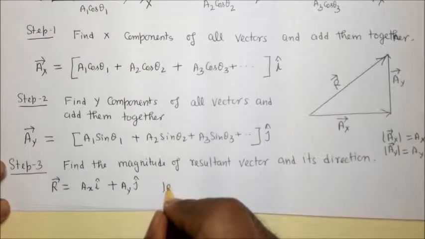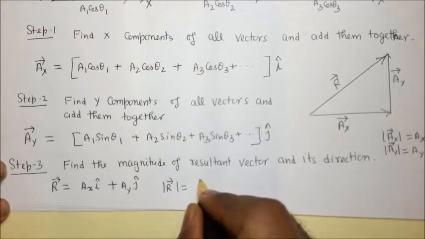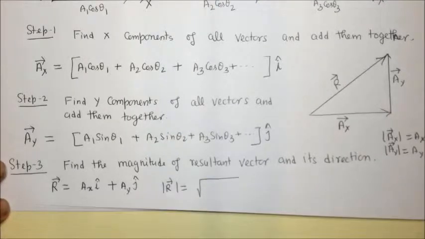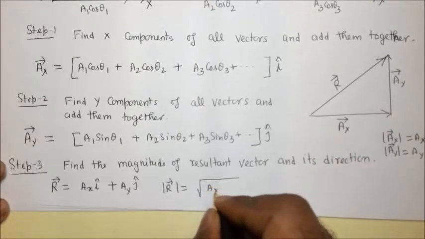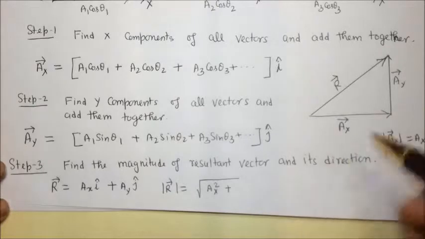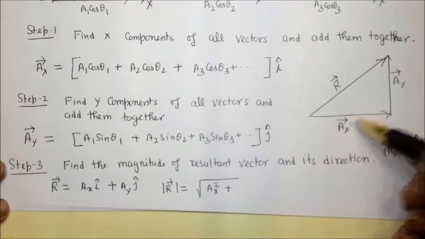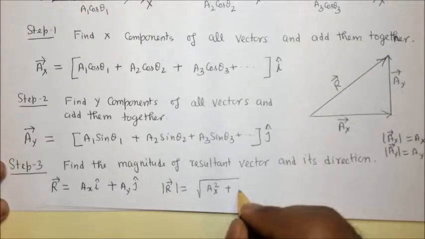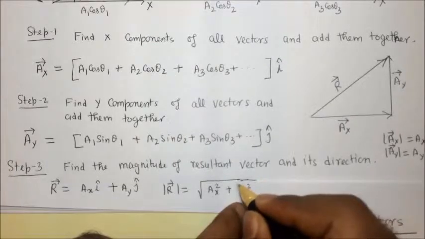Its magnitude is going to be the square root of ax squared plus ay squared, the magnitudes of the vectors ax and ay.